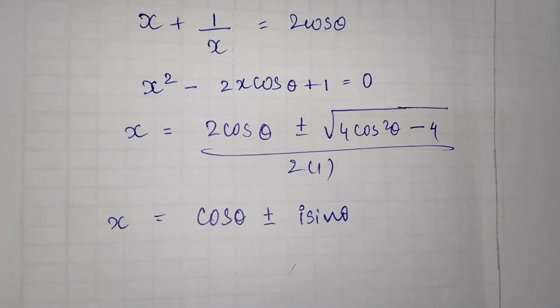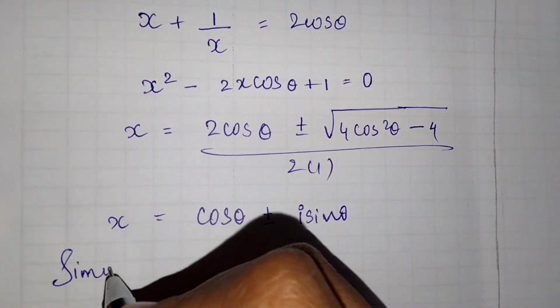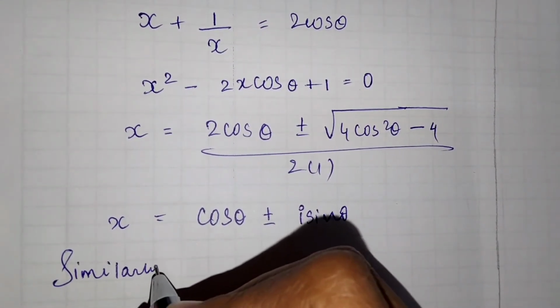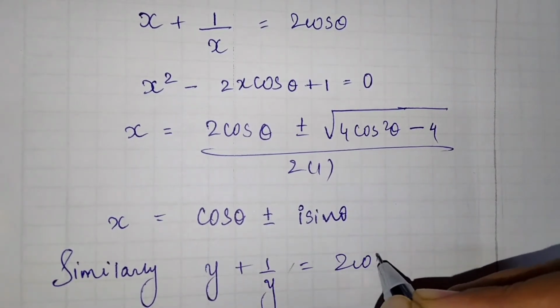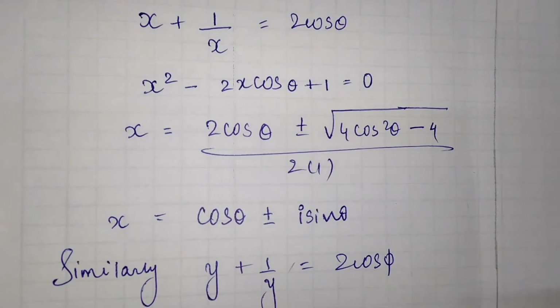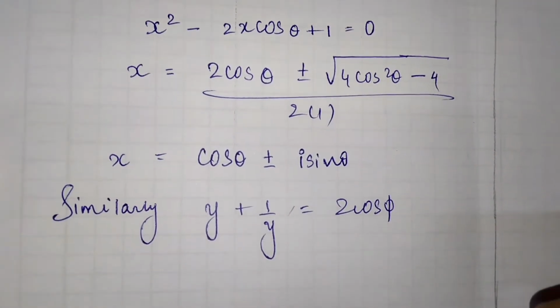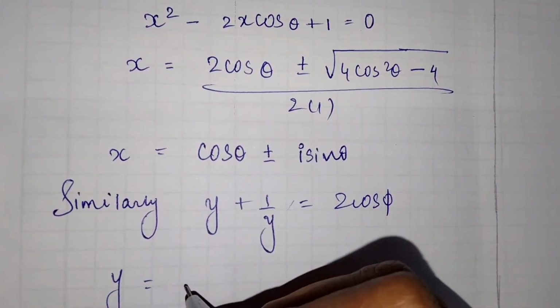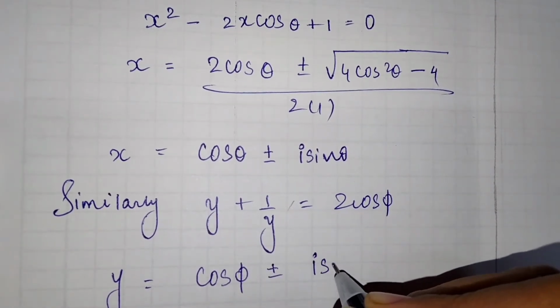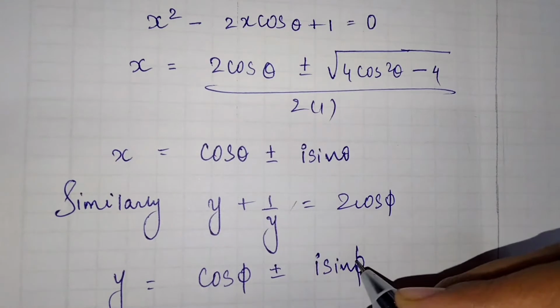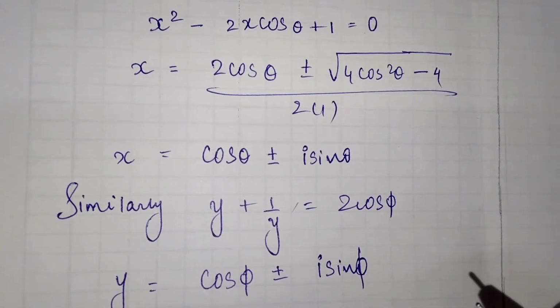Okay, and similarly we can write for y also. Similarly y plus 1 by y જો 2 cos phi હોય તો આમાં theta ની બદલે phi આવે, બીજો કઈ ચેન્જ થાય નહીં. So we will get y equal to cos phi plus or minus i sin phi. Okay, so we got the value of x and y.